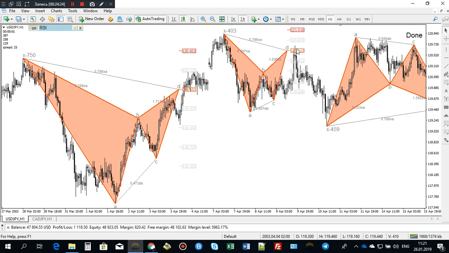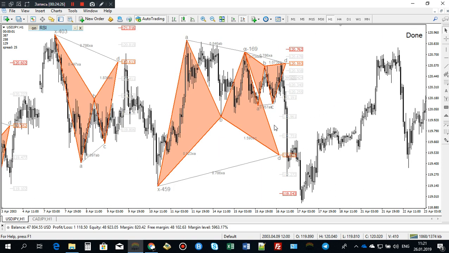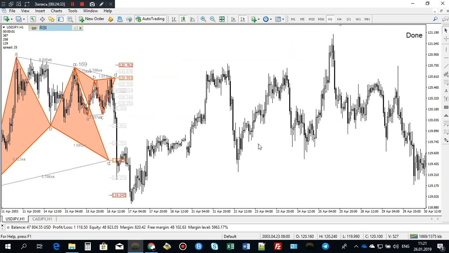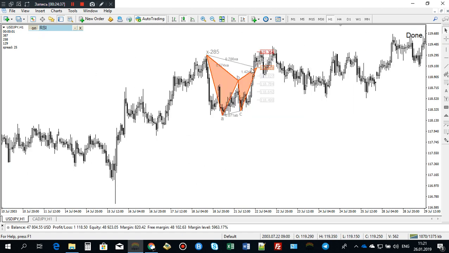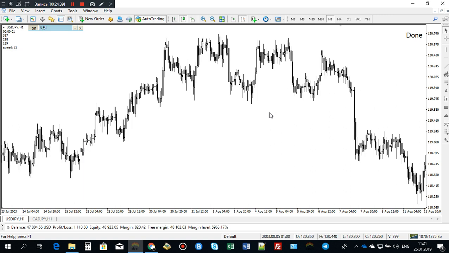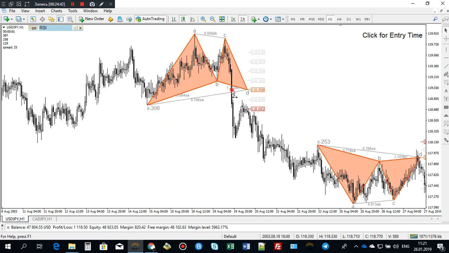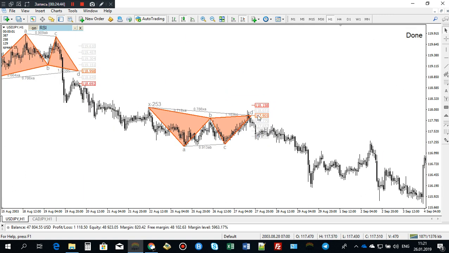Time price loss, time price win. Okay, this one is a time price win, this one is a time price loss. Nothing here. Okay, time price loss. What we have here is time price win.